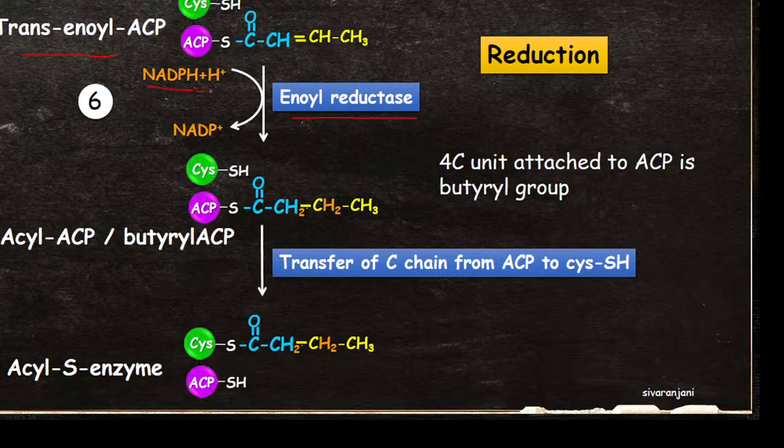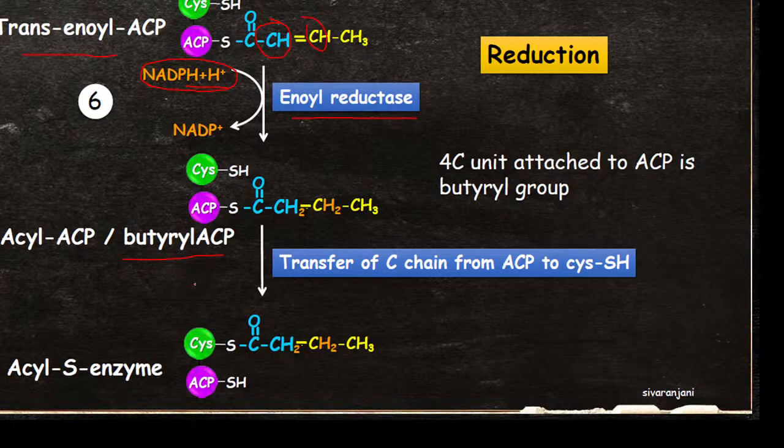Here NADPH2 contributes the reducing equivalent hydrogens. The two hydrogens from NADPH2 add to the carbons containing the double bond, and it reduces the trans-enoyl ACP to butyryl ACP.